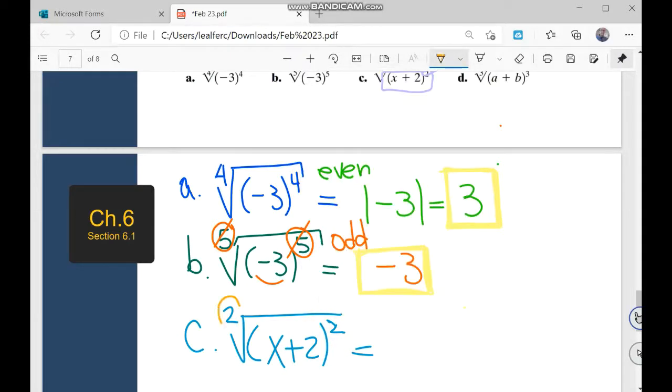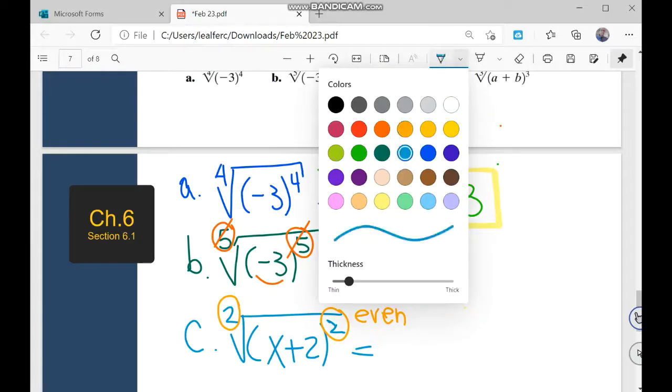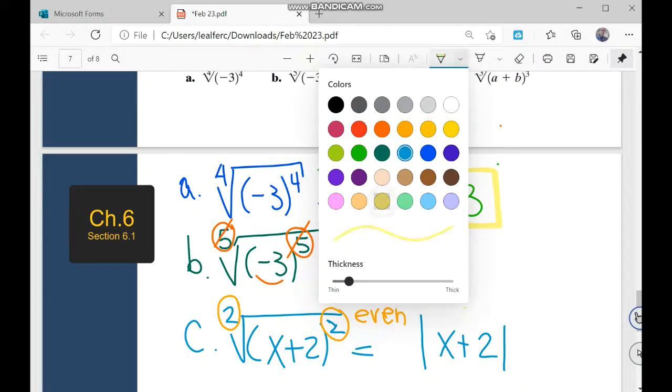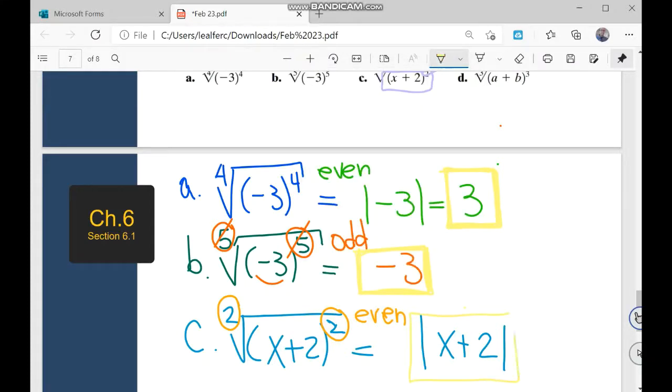What do you think? 2 is even, right? That means the answer is the absolute value of x plus 2. Since we don't know if x plus 2 is positive or negative, because it is an expression with a variable, we just keep the answer like that. We cannot simplify any further. This is going to be the answer.